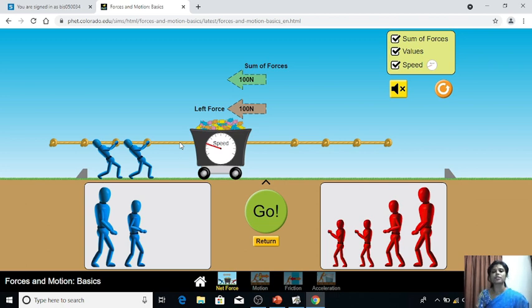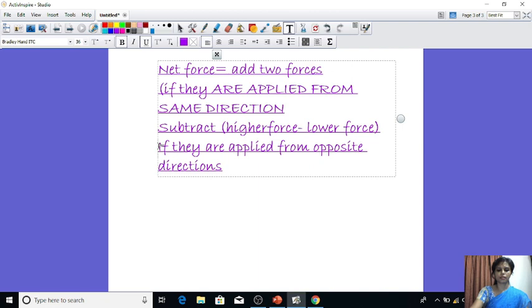Whereas if the forces are applied from opposite directions, then it is the higher force minus the lower force, and whatever we get is called the net force. That means force can be measured, it can be calculated as well, right? So that is about net force.